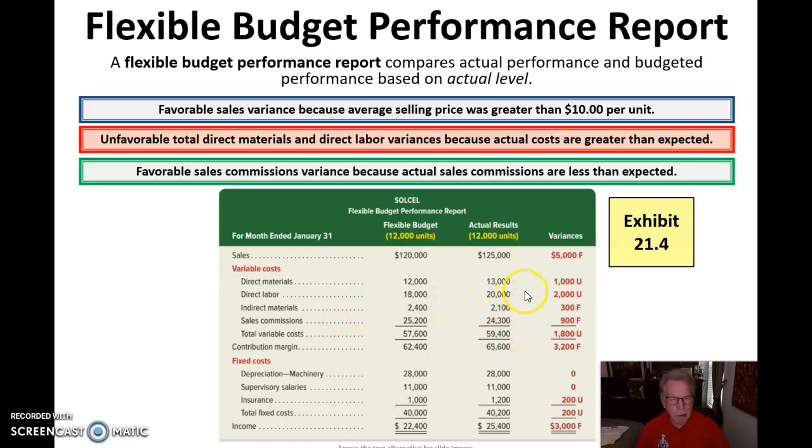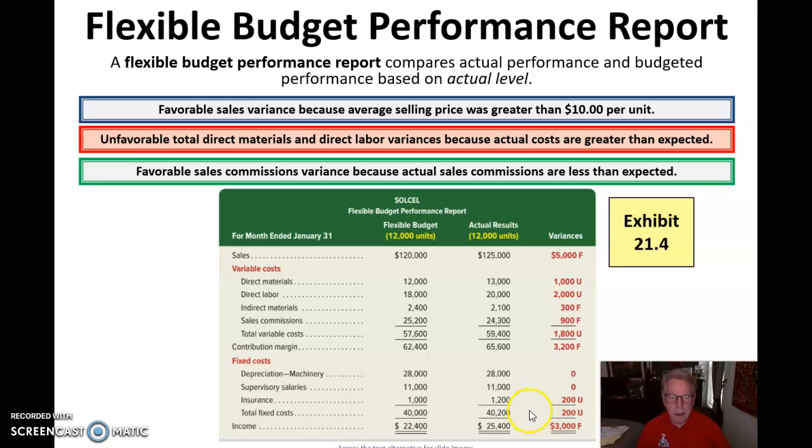comparisons. Direct materials a little unfavorable, direct labor a little more unfavorable, and indirect material was favorable and sales commission was favorable. But in total, we were unfavorable with variable costs. Nevertheless, we still made money, $3,200 of contribution margin. Looking at just the fixed costs, depreciation and supervisory salaries were well budgeted and consequently no variances occurred.